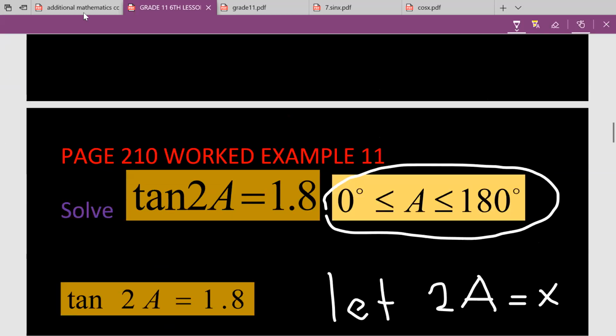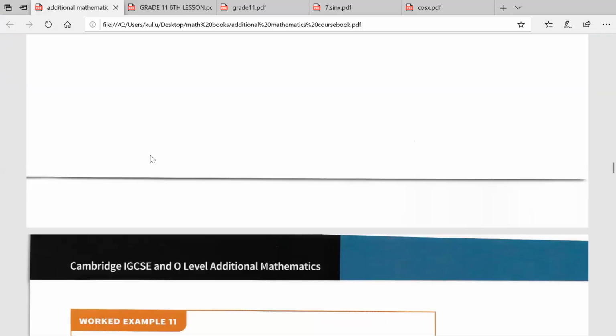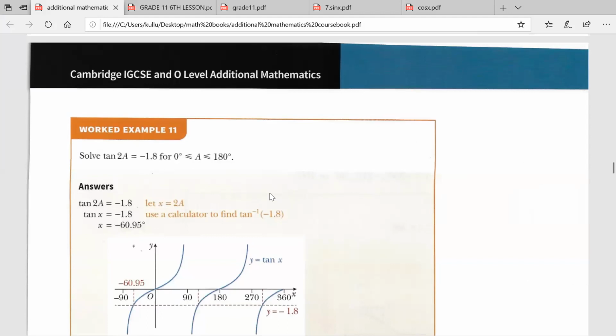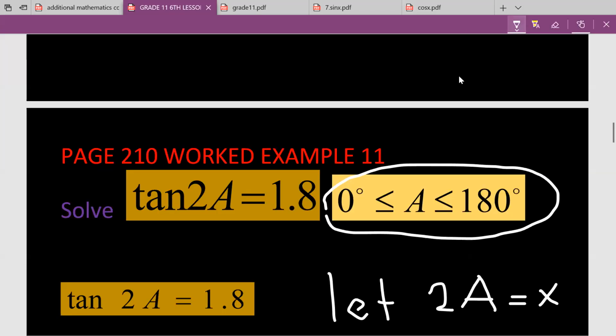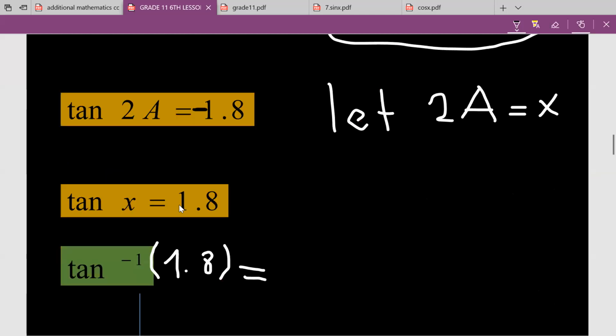Sorry, let's go back to the question. What is our question? Let's see it first from your book. Here it will be negative 1.8. In the question, it's given negative 1.8. So we do the same: inverse tan of negative 1.8.